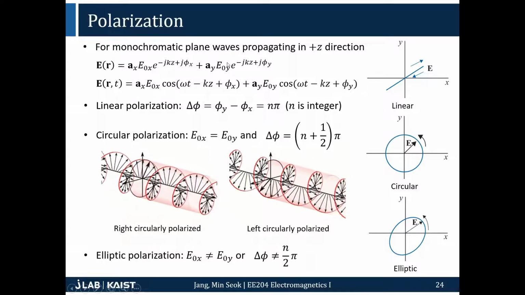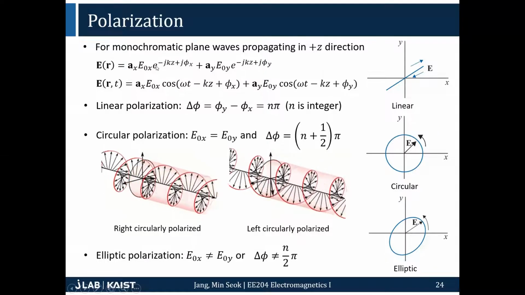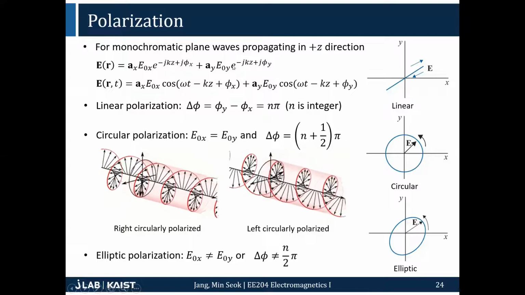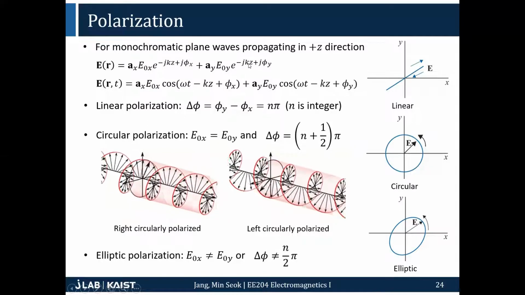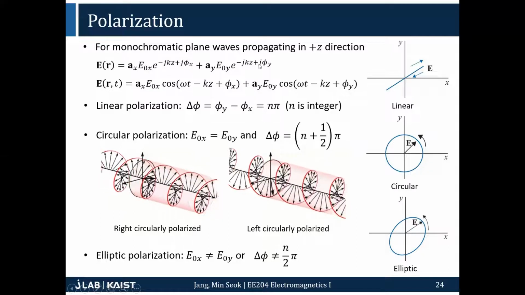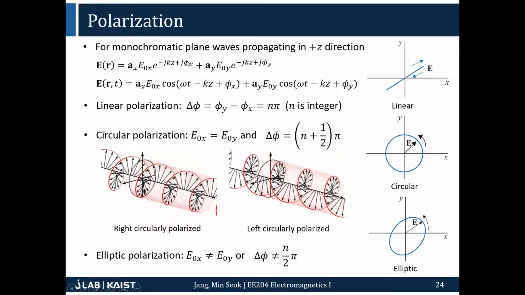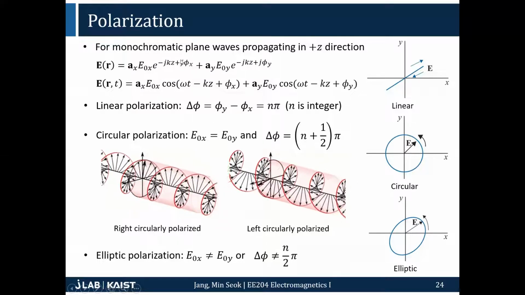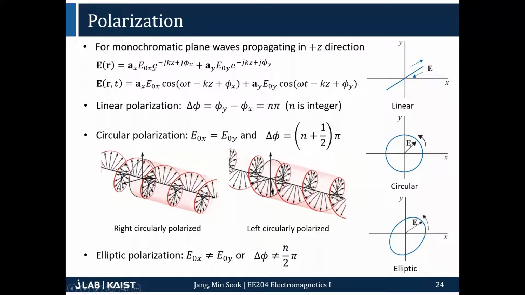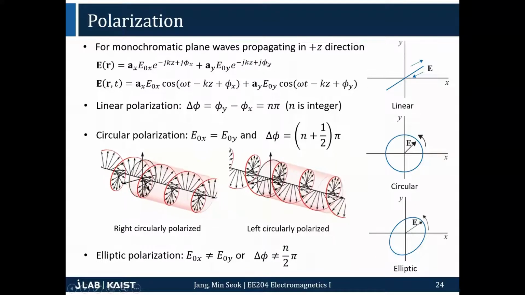Both of them have e to the minus jkz dependence because it's propagating along the z direction. But we have another factor here, plus j phi x. This is not dependent on the spatial coordinate, but we call this a phase factor: e to the j phi x, and e to the plus j phi y.